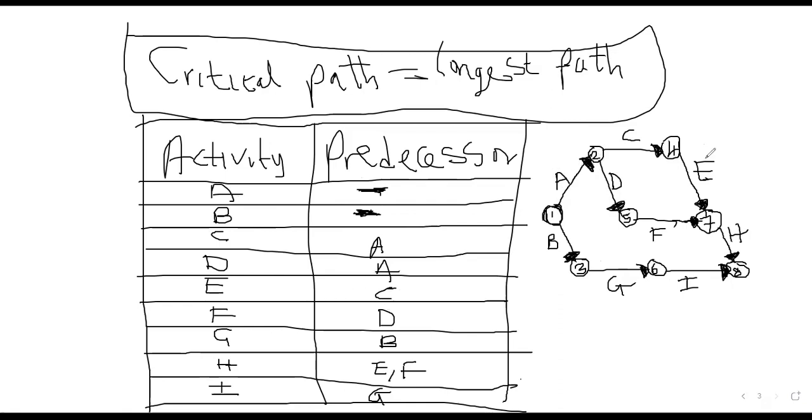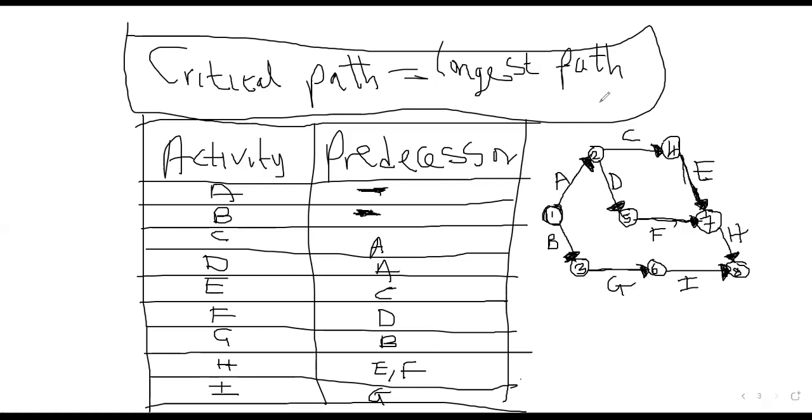Then after C, there is E, and after D, there is F. Then after B, there is a G. Then after E and F complete, there is H. Then after G, there is I. So this is how the diagram has come about.